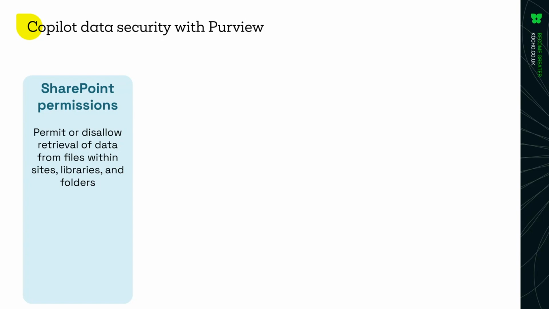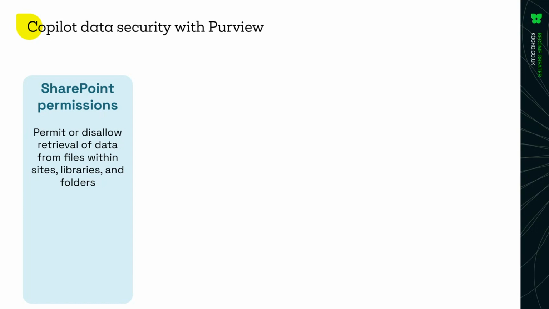You can restrict it to make sure that it's this particular group that can see this, and members of that group are going to be able to see the content in here. But if you're not a member of this particular group, you're not going to see anything. That is good practice anyway, regardless of Copilot, because it makes sure that people can't stumble upon this information.